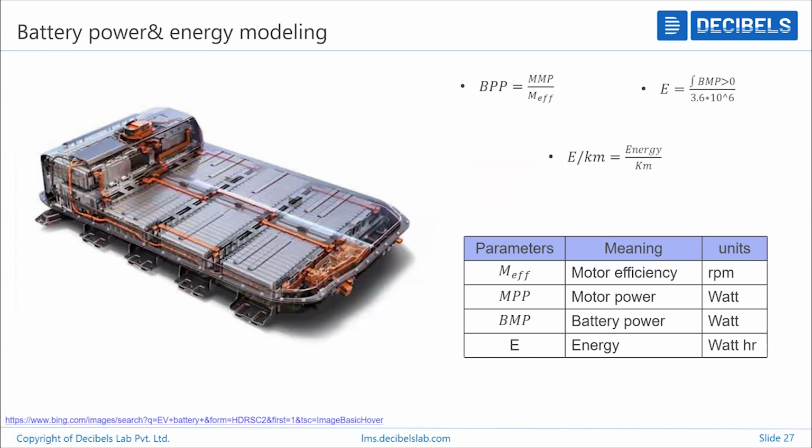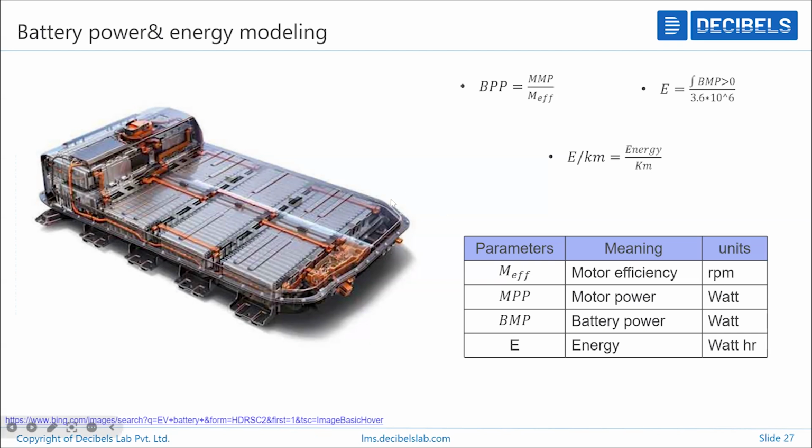From this battery output power, you can calculate the battery energy, and from there many parameters such as current, voltage, what battery energy is required to run the vehicle for these kilometers, number of cells in the battery, cells in series and parallel, and capacity of the cell, C rates.